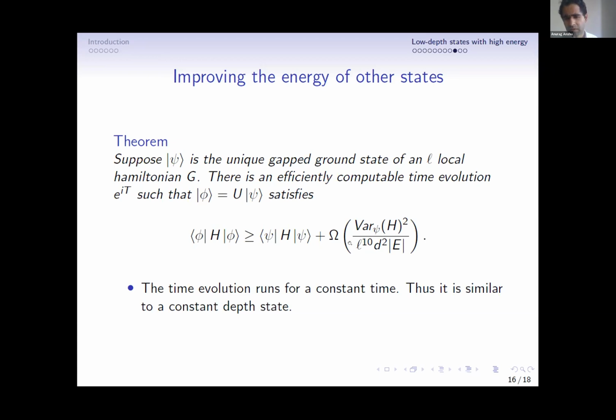I think k to the 10, something small that comes up in the denominator over here. Which means that if the Hamiltonian is more non-local, that means if k is larger, the improvement is worse. I don't have an intuition for that, but that's what we get here. So some dependence on k comes in the denominator, but a polynomial dependence.